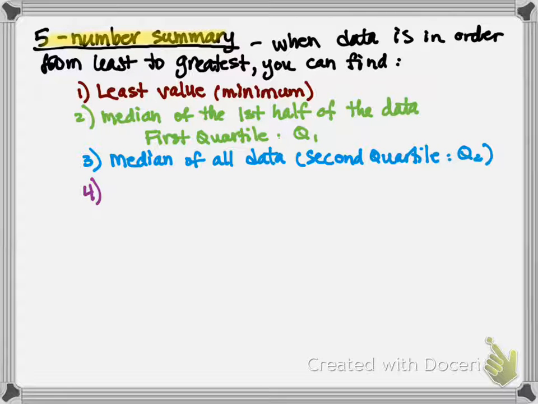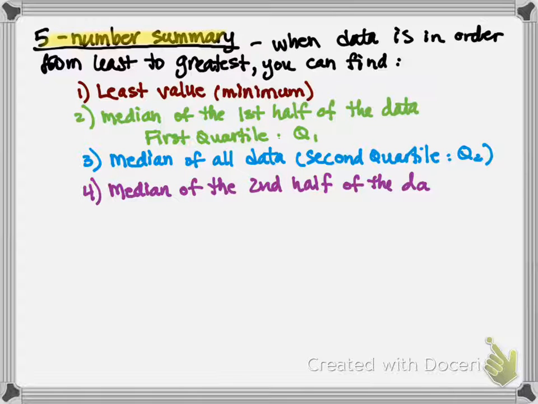And then we're going to have the median of the second half of the data. Now, if the first median was called the first quartile, and the overall median is the second quartile, then this should be the third quartile.